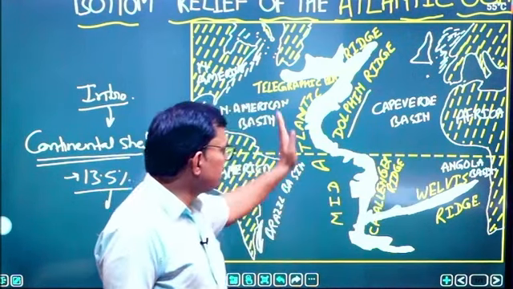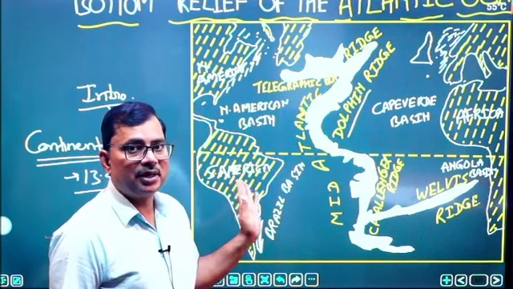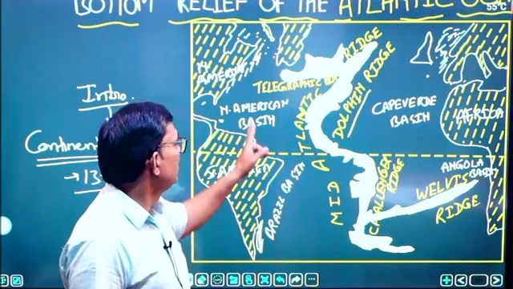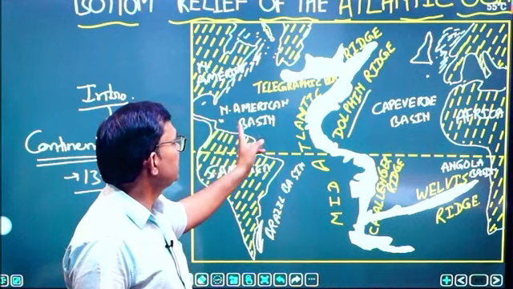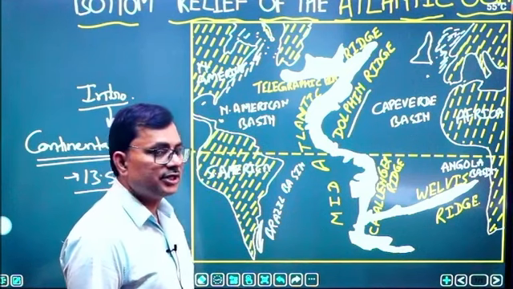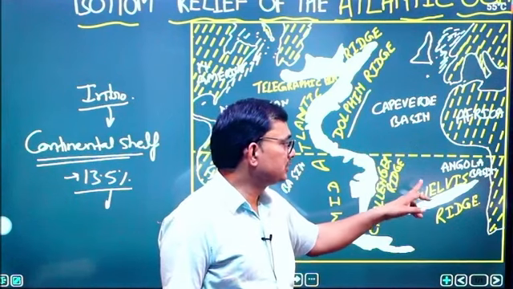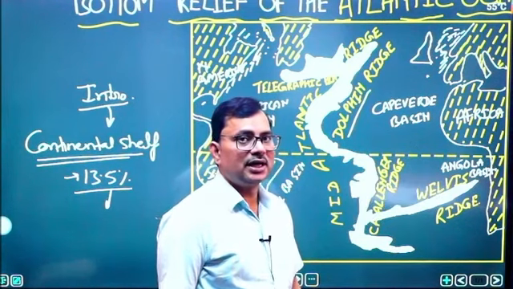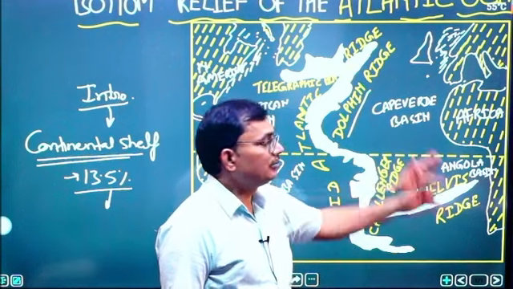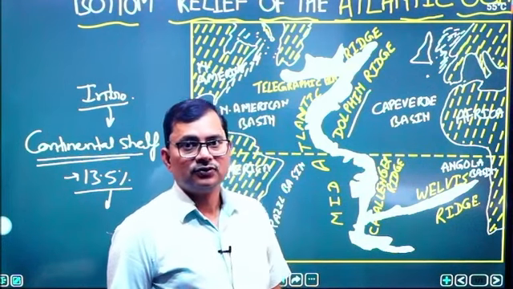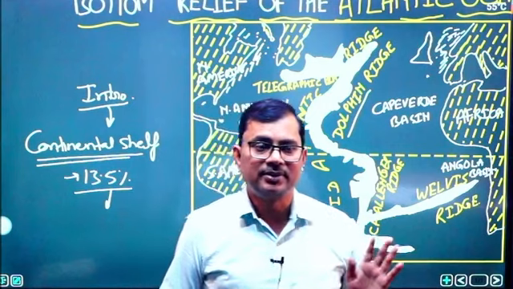In western basin again it is divided in many parts, but two basins are very important. One is North American basin and Brazil basin, and on the eastern side, no doubt again a number of basins, but few basins are important like Angola basin and Cape Verde basin. So these four are important basins.